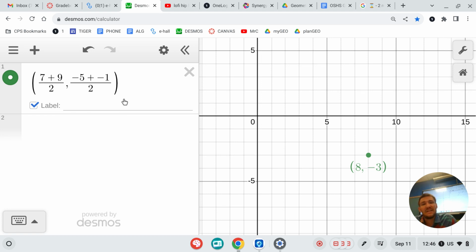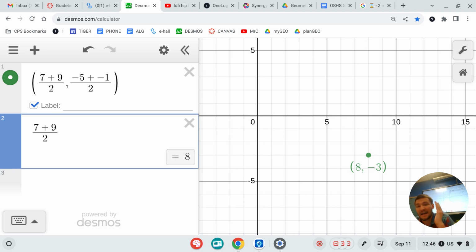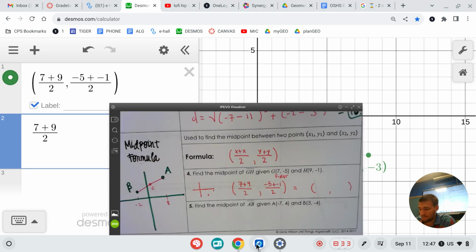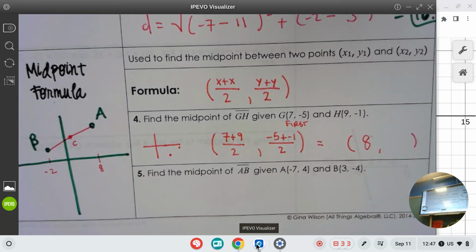But if you don't want to have to look around for your answers, you can just type them in one at a time. So for example, you just type fraction 7 plus 9 on top of 2. That's my x coordinate. And so the x coordinate, it tells me right away 8. So I can go here and say that my x coordinate is an 8.